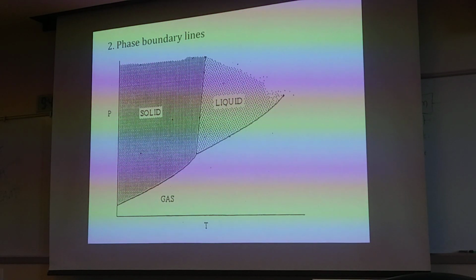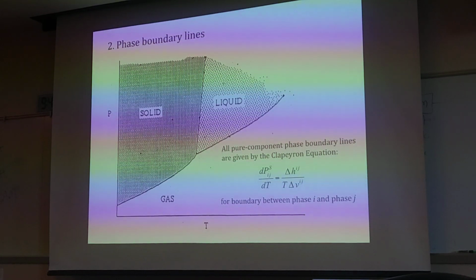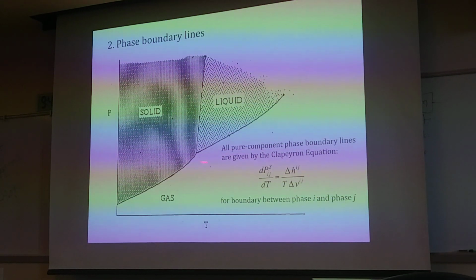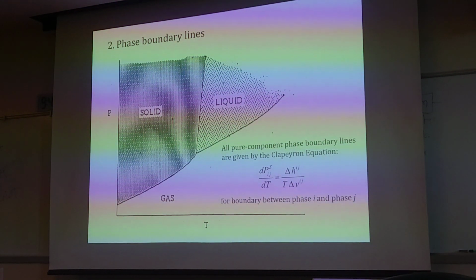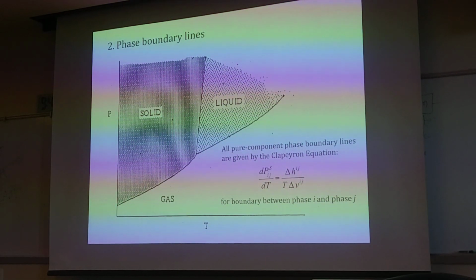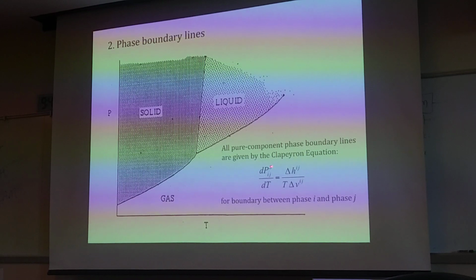Now, it turns out that we can derive rigorously a relationship in the form of a differential equation that gives us the equation for each of these lines. And that's the Clapeyron equation. Now, as we get further into the class, I'm going to derive this rigorously, but for now, let's just take it. So we'll see that the pressure-temperature derivative along any one of these lines is equal to the heat of the phase transformation.